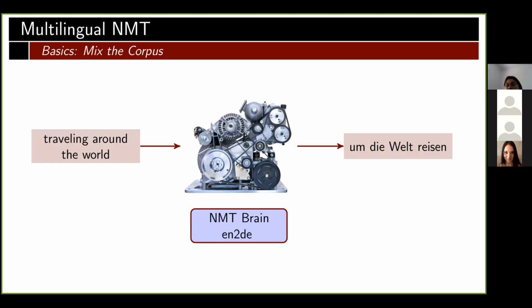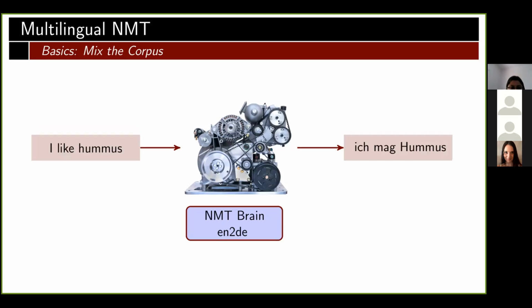And the only thing that we need to do is feed it with parallel corpora, because we are in the supervised setting. So for going from English into German, we would feed the system with a corpus of parallel sentences. Here, for instance, the English sentence would be "traveling around the world", and the system would need to learn that the translation is "Reisen", if I'm not mistaken. And we will feed the system with several sentences.